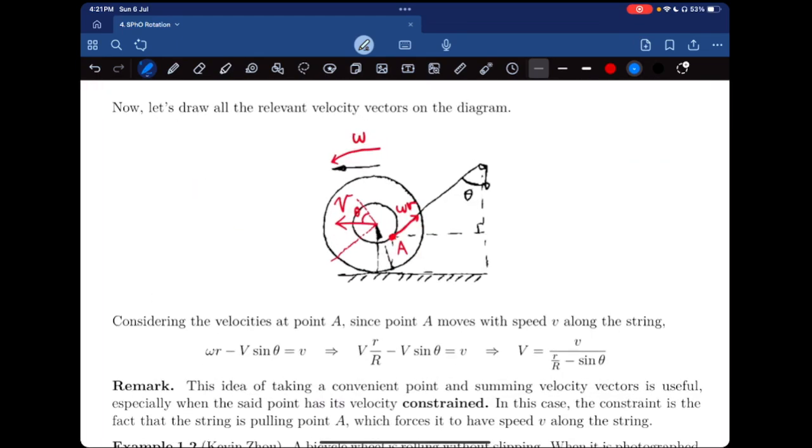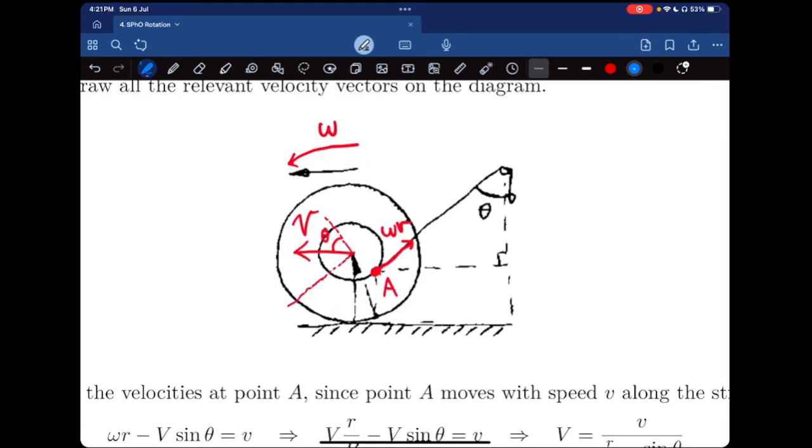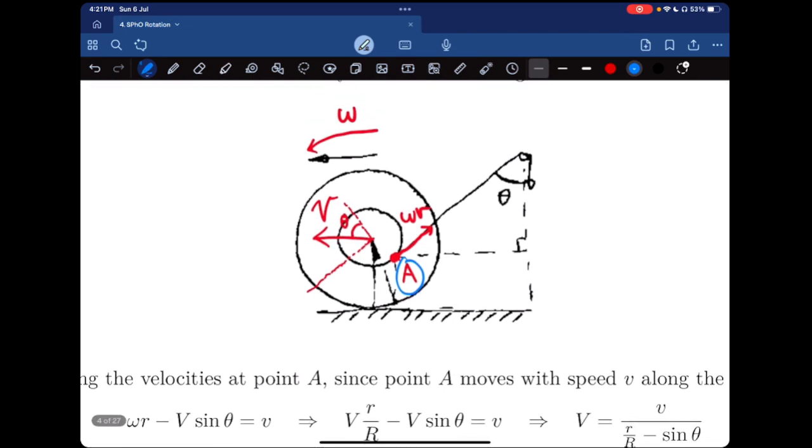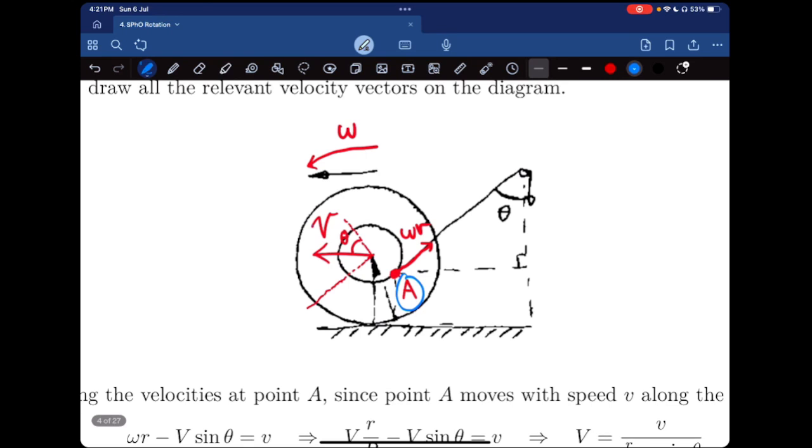So here, we can draw all the relevant velocity vectors on this diagram here. And yeah, this point here is A. So if the cm speed of the cylinder is big V here, then clearly it's moving this way, right?